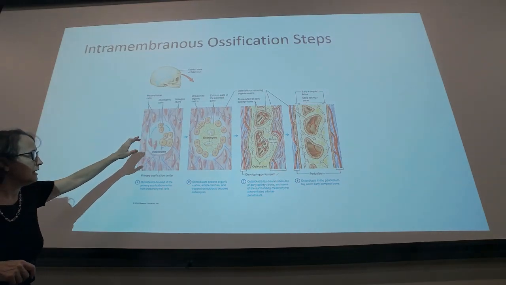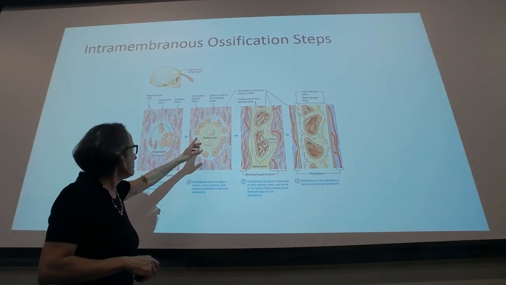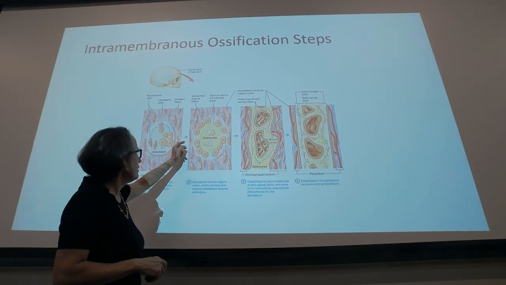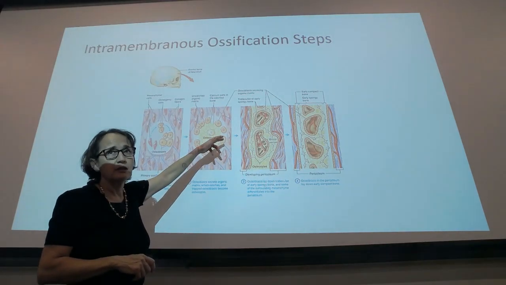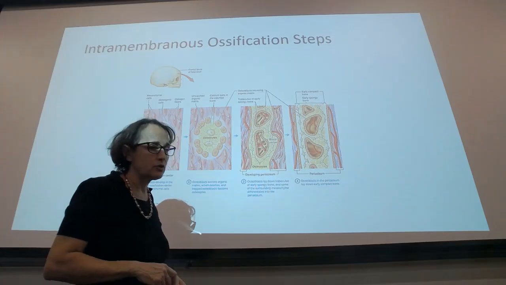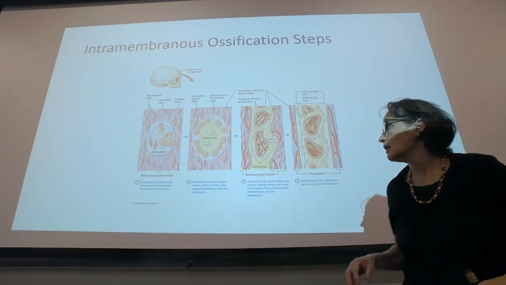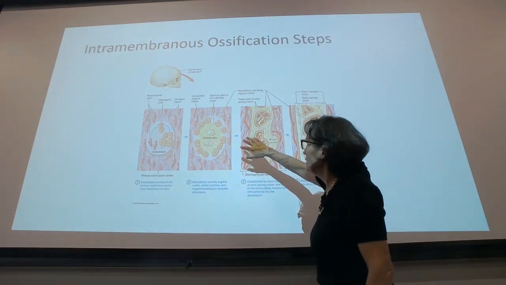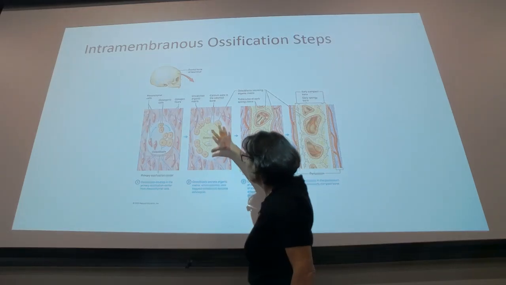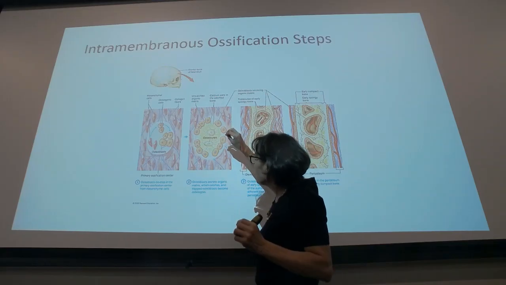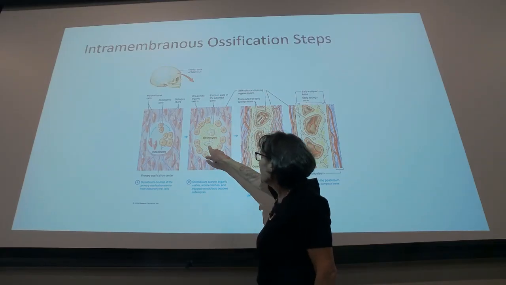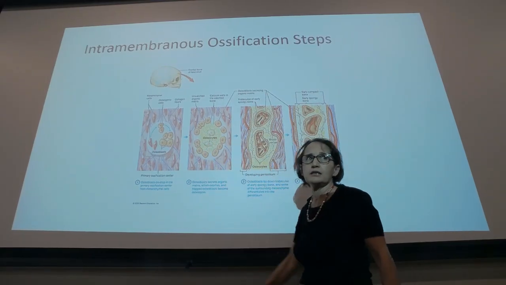And then the next step is for these osteoblasts to deposit collagen fibers, what is called the osteoid. They start depositing this osteoid, and then they become trapped. When they become trapped, they are forced to become an osteocyte.